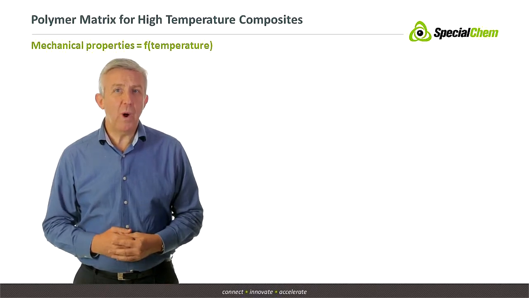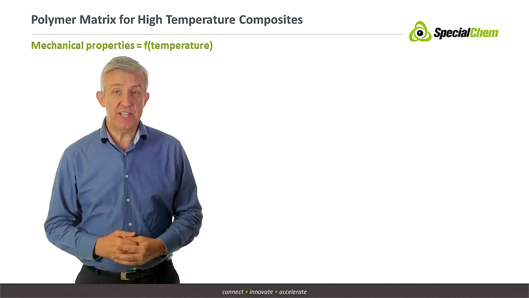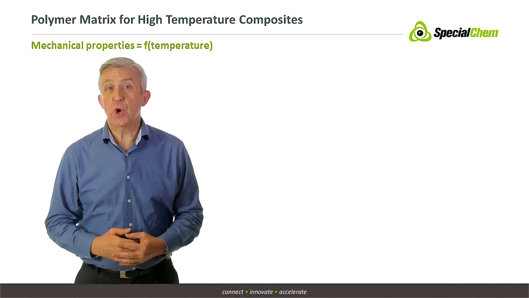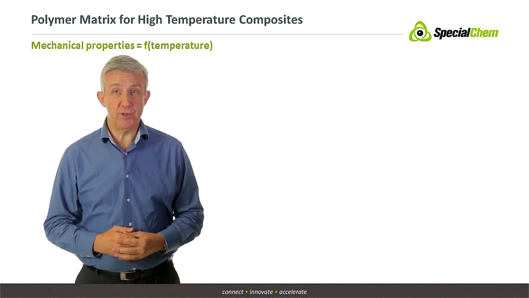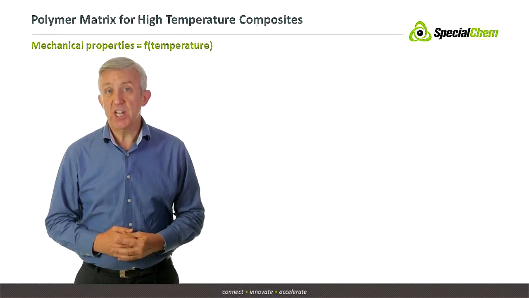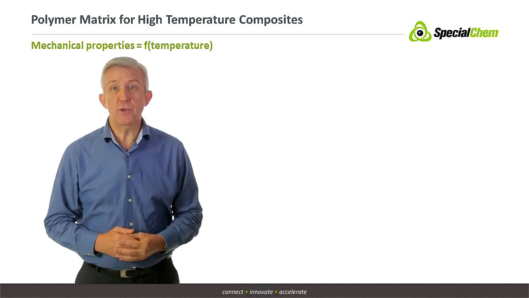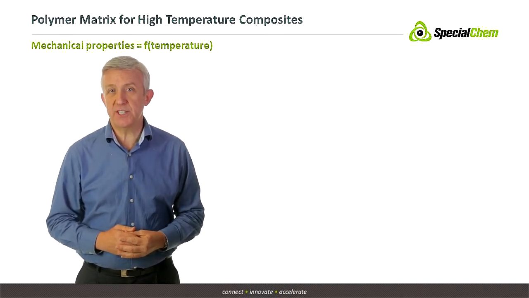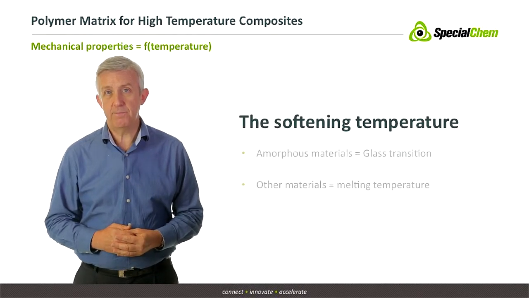We also need to be aware of the mechanical properties of the matrix material as a function of temperature. Since your high temperature composite is used at temperatures above room temperature, its strength and stiffness at elevated temperatures are crucial parameters. A parameter you can use to characterize those parameters is the softening temperature of your matrix material.